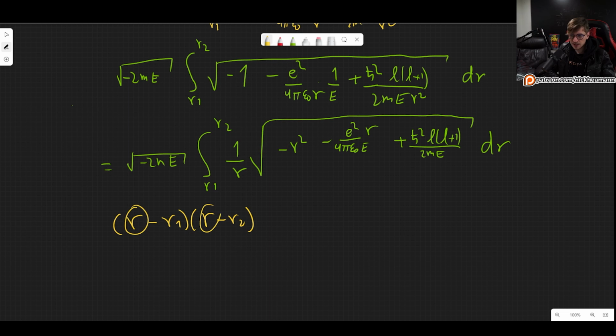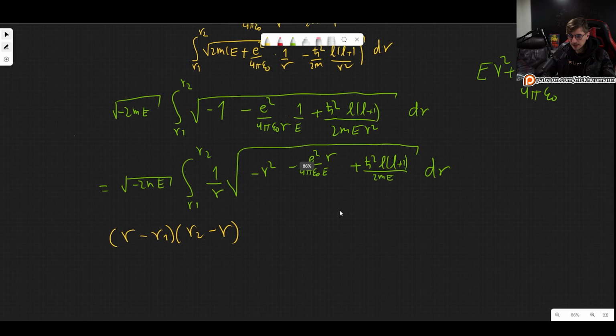You multiply r and you get positive r squared. But here it is negative, so we actually have to write this as r2 minus r. So basically there's a minus sign difference there. And this is how we can factor any second degree polynomial. If it was a higher degree, you could still multiply by more and more factors, but we only have 2 roots, so this is how we will write it.